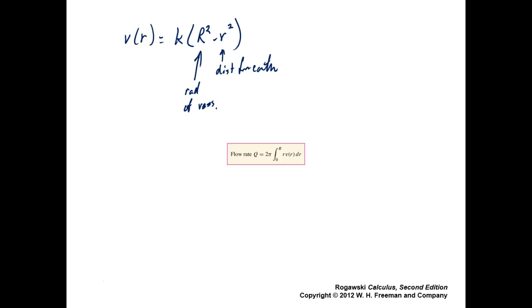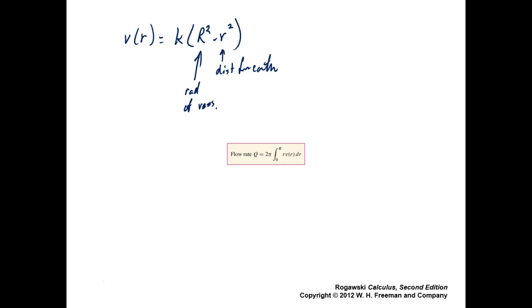Okay, but this is Poiseuille's law, where little r is the distance, and these are all measured in centimeters, this distance and radius. K is some constant.